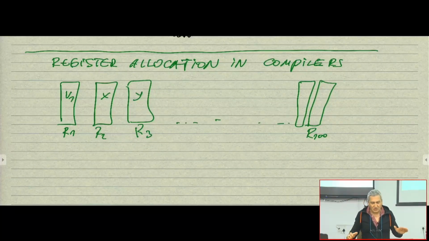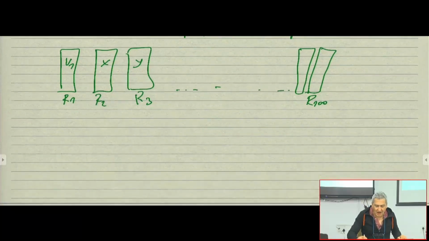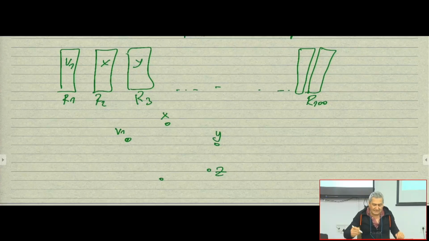So the variables will now be the vertices of the graph, and if I have, let's say, these two variables defined in the same procedure, which can be accessed at the same time, we put an edge between them.